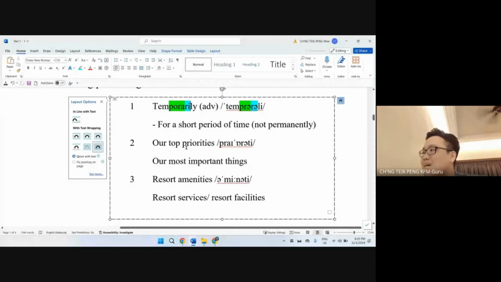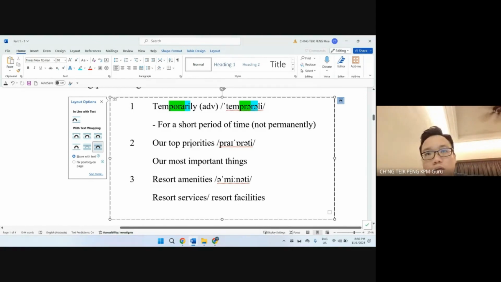Temporarily. It means for a short period of time, not permanently. Okay, so 那个 PORA 是一个音节来的 pura. Temporarily.